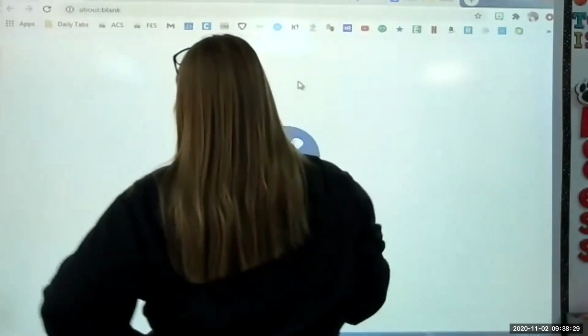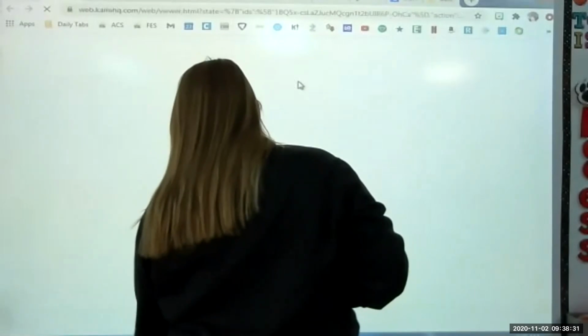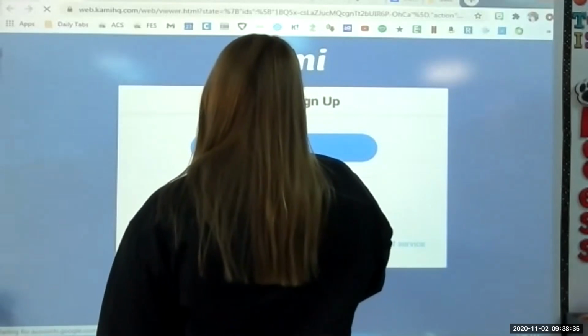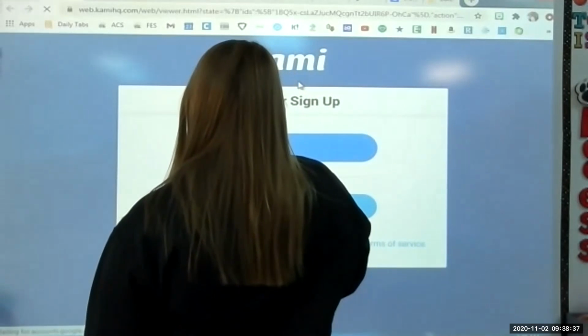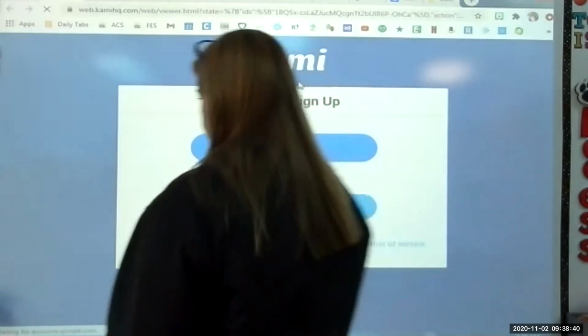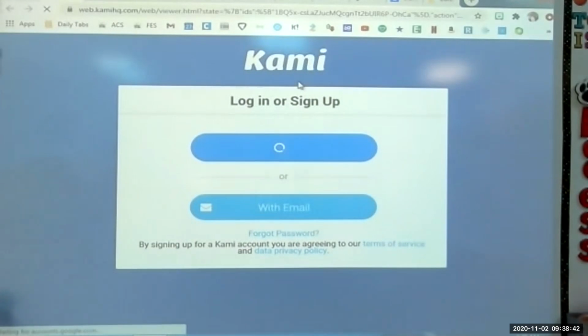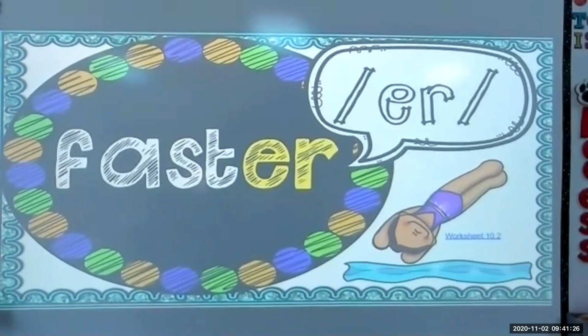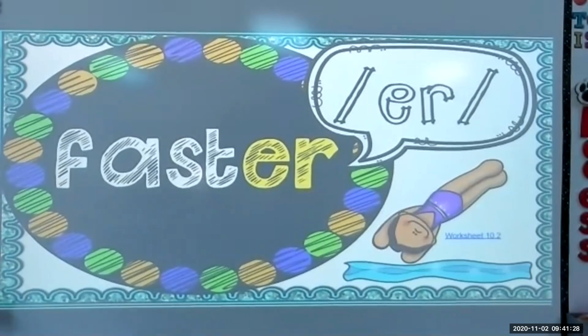Opened up with Cami so we can write on it. Okay, for some reason Cami is not opening anything, so I can't show you the chart right now, but I will definitely show you that tomorrow. What we need to do right now, though, is we're going to look at worksheet 10.2.